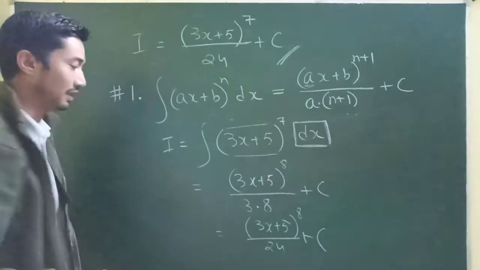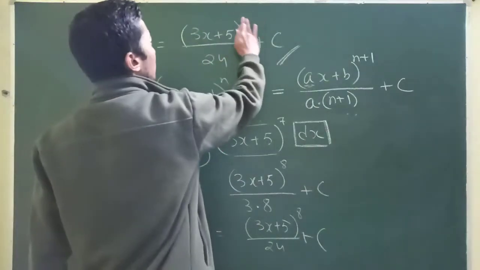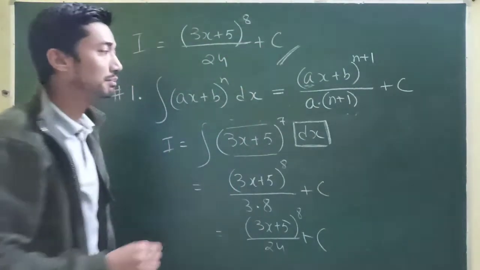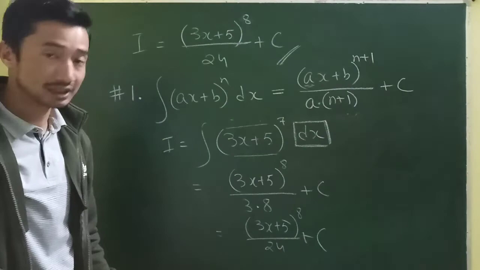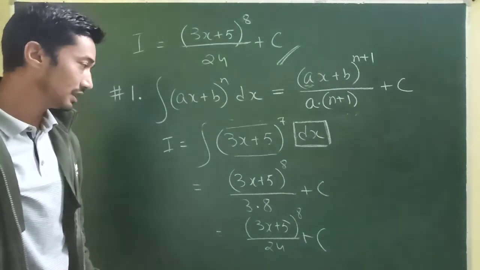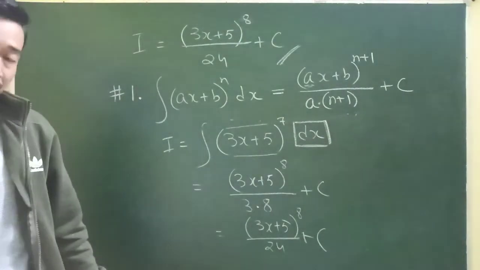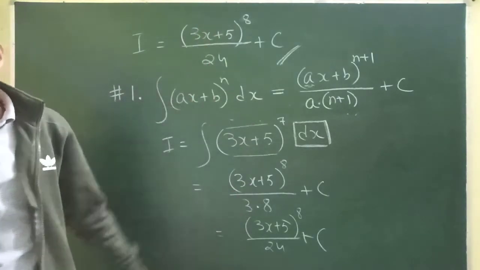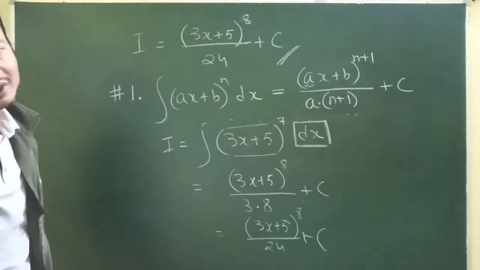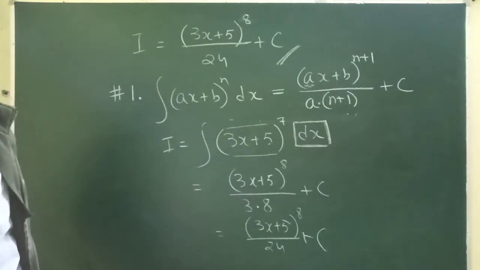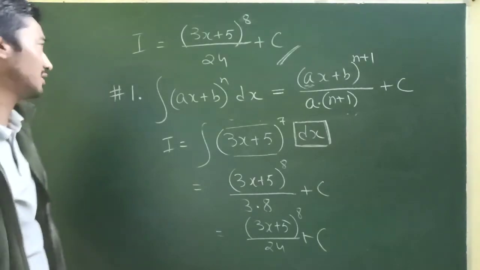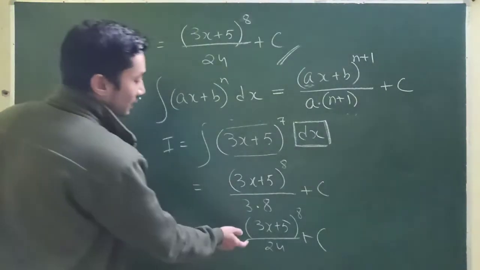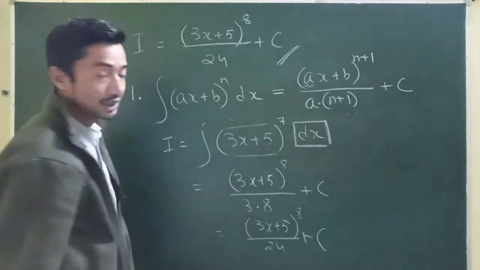So we have the same value. Sorry, this was 8, not 7. Please correct it. Careless mistakes. I'm also human, I will also make those mistakes. So (3x plus 5) whole power 8 divided by 24. So we have the same solution.